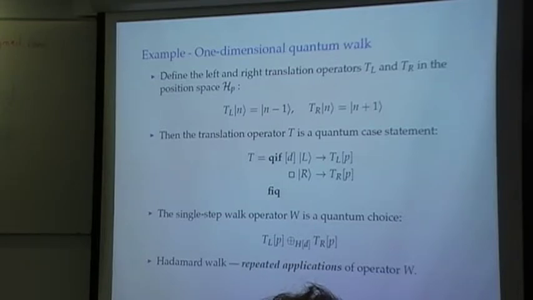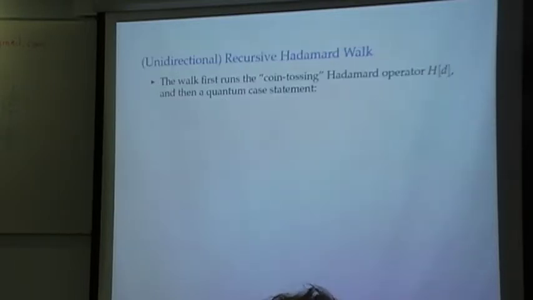Then the Hadamard walk can be described as the repeated application of the operator W, which is a single step. Now we change the structure of the Hadamard walk a little bit, so we can define the unidirectional recursive Hadamard walk.